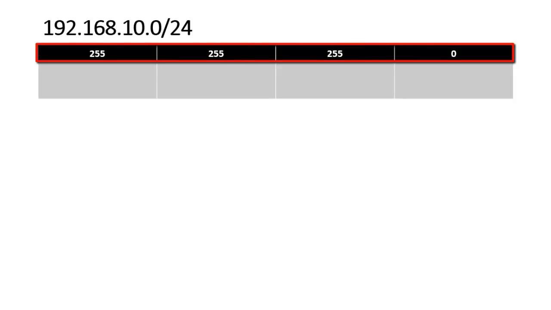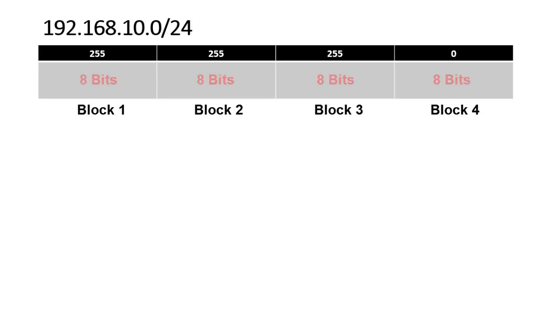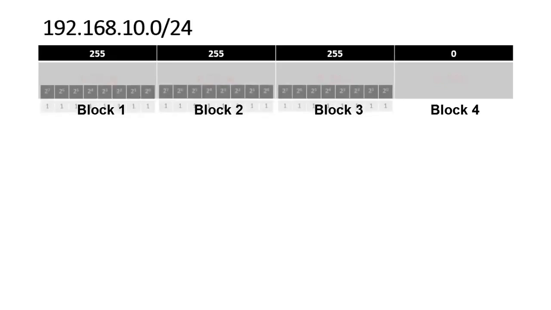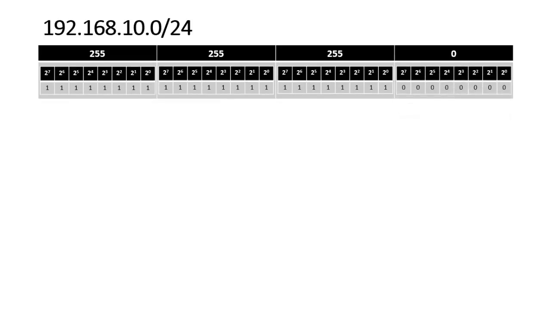Why is the subnet mask of class C IP address 255.255.255.0? As we know, IP version 4 is a 32-bit address and it is divided into 4 blocks of 8 bits, where 1 indicates the network bits and 0 indicates the host bits.